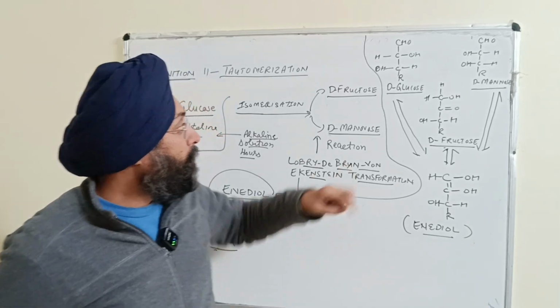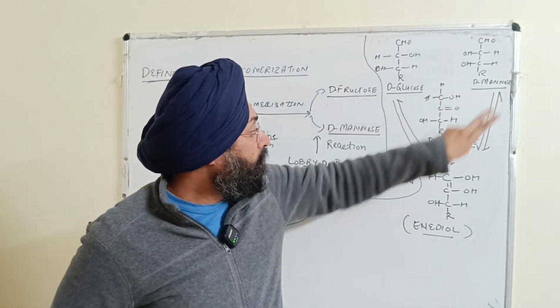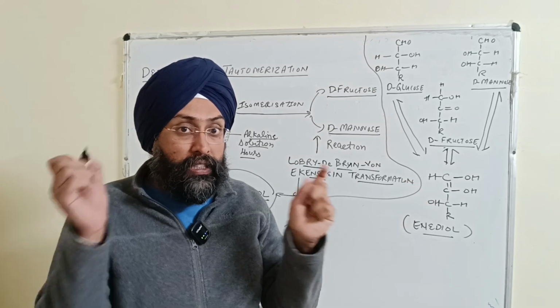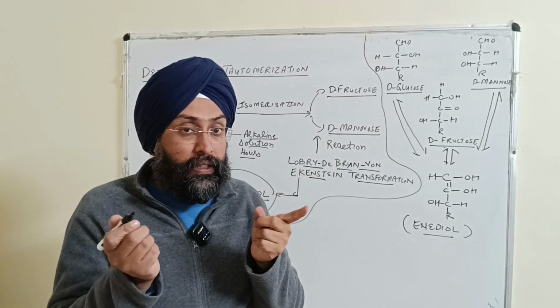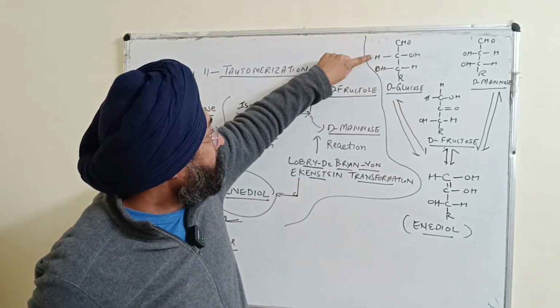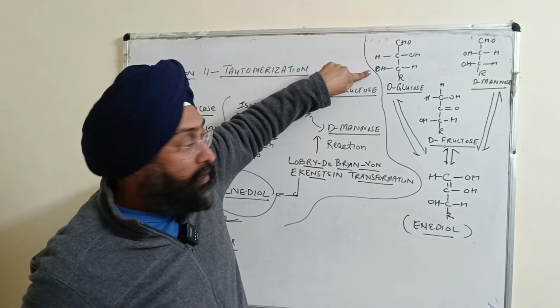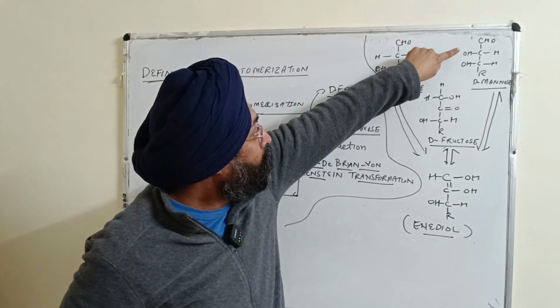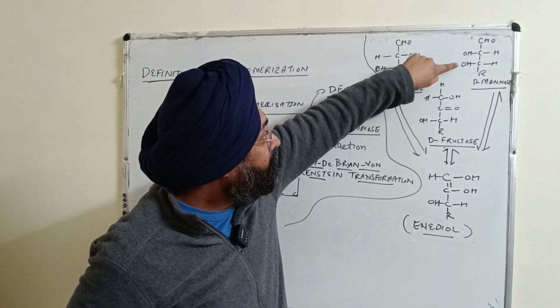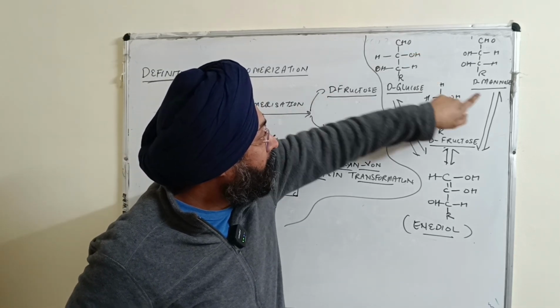And these enediols are intermediates, right? So let's discuss the example. We have glucose here, we have mannose here, and we have fructose here, right? We are shifting a hydrogen atom from one carbon to another, right? So glucose has the first carbon aldehyde group, H and OH, and on the third carbon OH on this side, right? And in mannose, the first carbon has OH and the third carbon OH is on this side, right? Mannose.